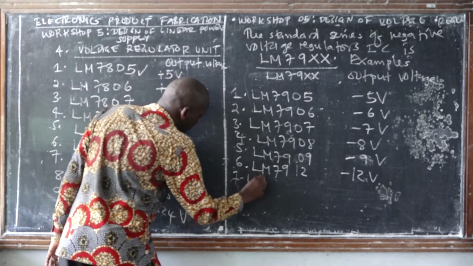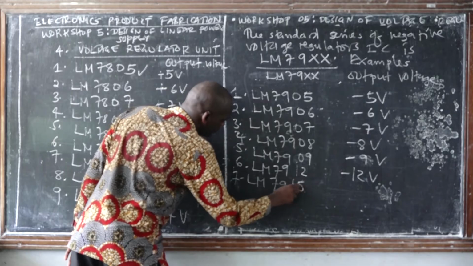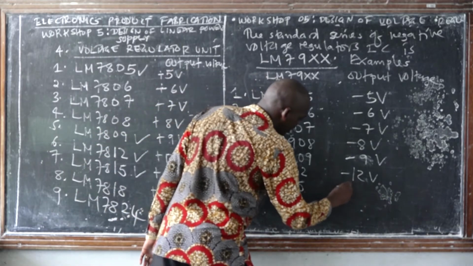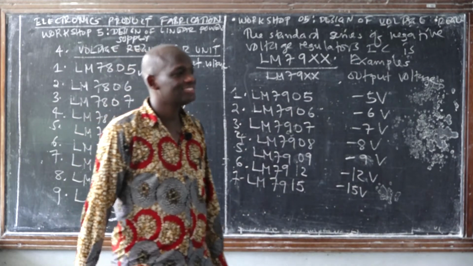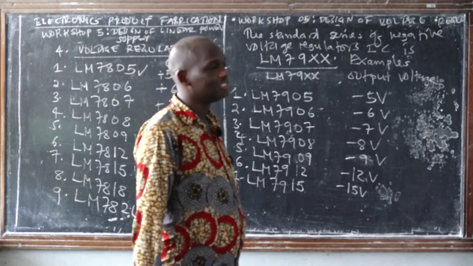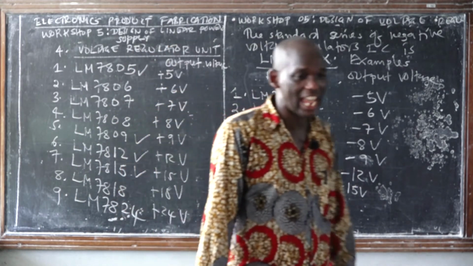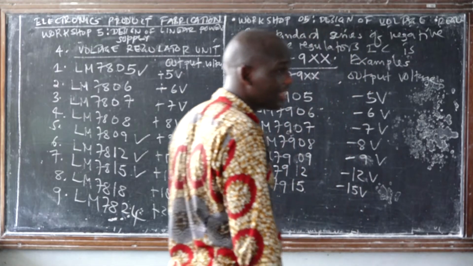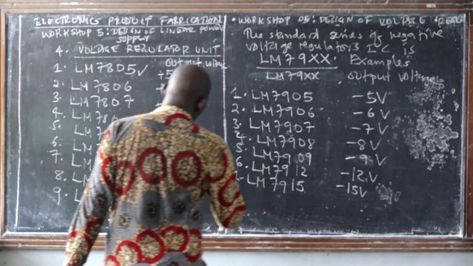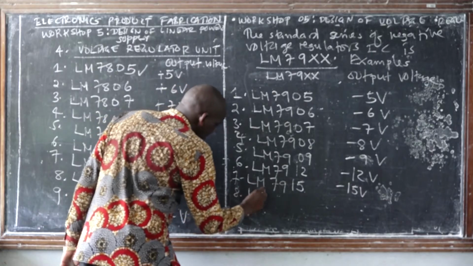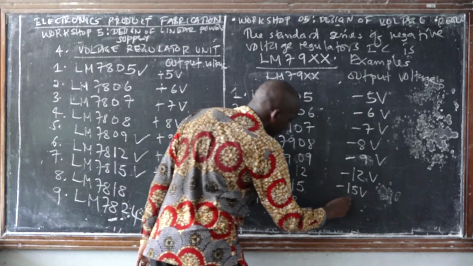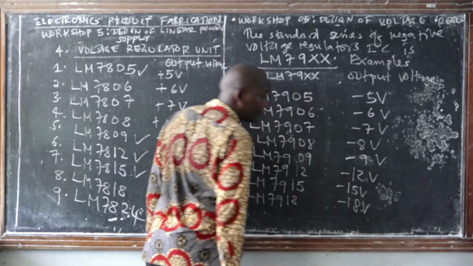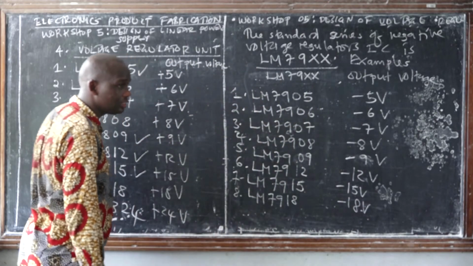Zuena? LM79 15. This provides what? Then Joan? LM79. 18. Provide what? Volt. Now look for Lucia.